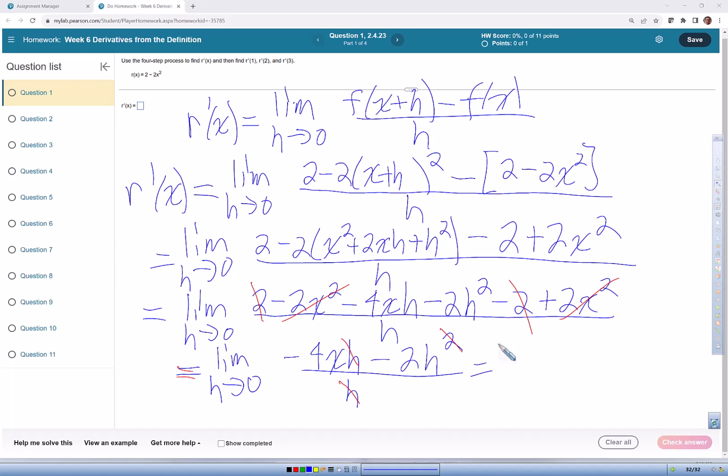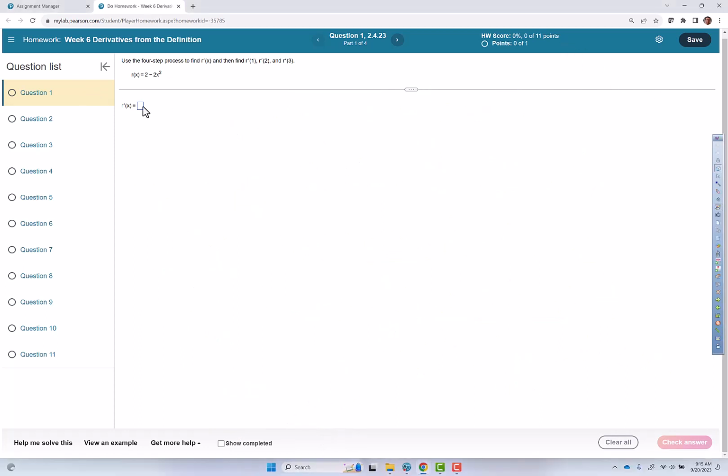So now I've got the limit as h approaches 0 of negative 4x minus 2h. I no longer have a problem with dividing by 0, so my final answer is r prime of x equals negative 4x. So we're going to put that answer in and then continue.